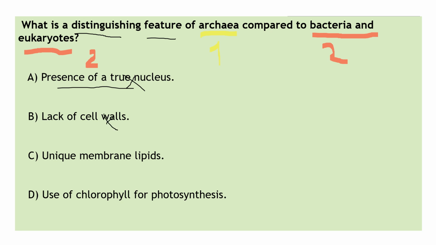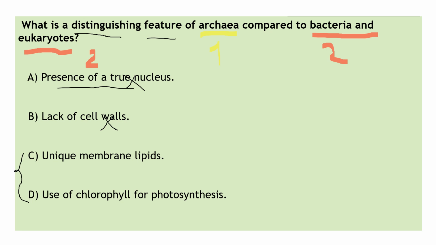Now you have two different options that are more difficult. One is the unique membrane lipids, which I have never talked about in the previous table. But if you read your textbook, you will see that it is a very interesting feature to analyze.